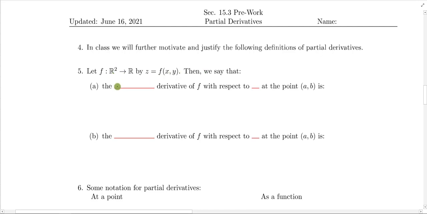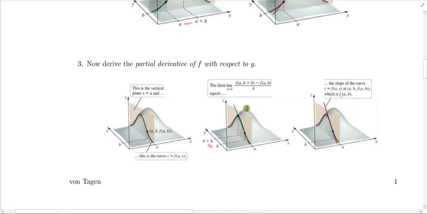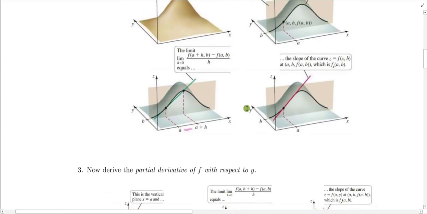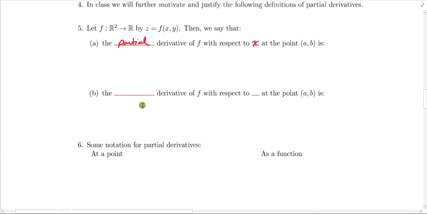If we want to talk about the partial derivative of the function with respect to the variable x at a point a, b, how would we go about finding that? Again, we're going to look at this first image here for our limit definition, where we have fixed the value b, and we're going to nudge a by some amount h and ask what is the rate of change in that direction.